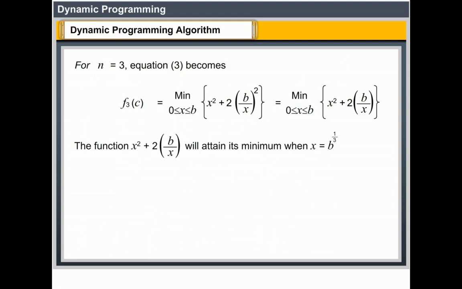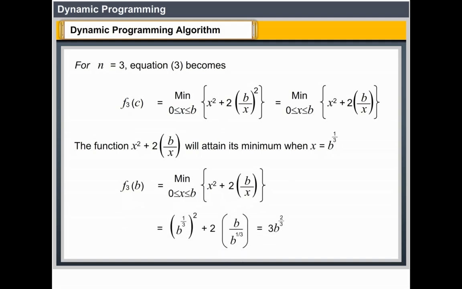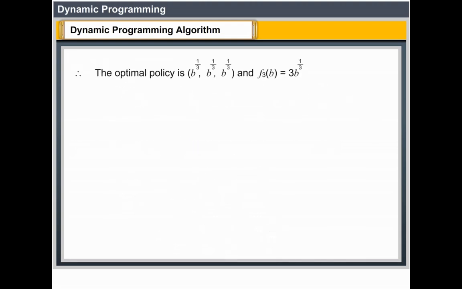The function x square plus 2 times b by x will attain its minimum when x equal to b power 1 by 3. f3 of b equal to (b power 1 by 3) the whole square plus 2 into b by b power 1 by 3, equal to 3 times b power 2 by 3. Therefore, the optimal policy is b power 1 by 3, b power 1 by 3, b power 1 by 3, and f3 of b equal to 3 into b power 2 by 3.